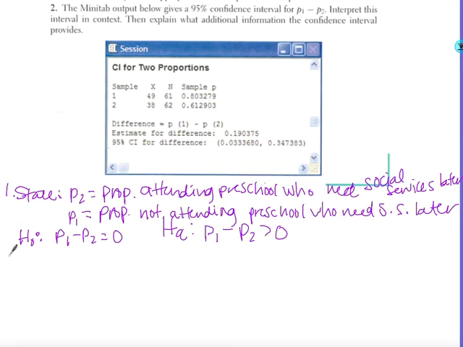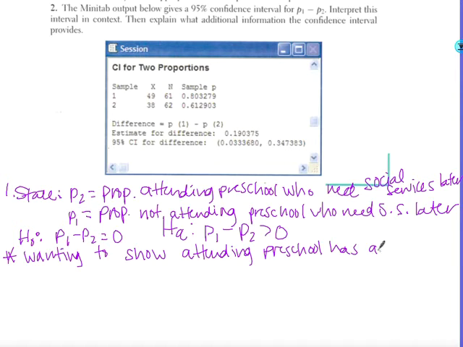So basically, what that means is that you're wanting to show attending preschool has an effect. And so basically, you're trying to prove the alternative hypothesis and reject the null hypothesis.